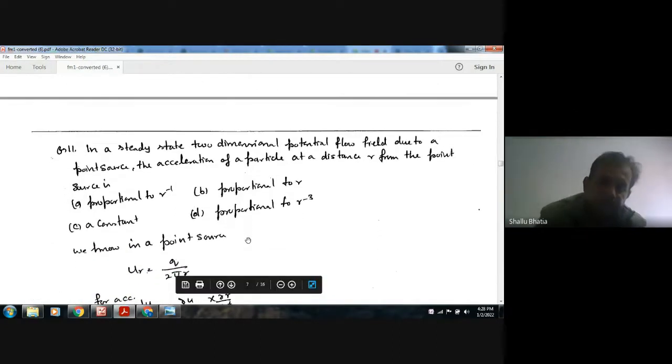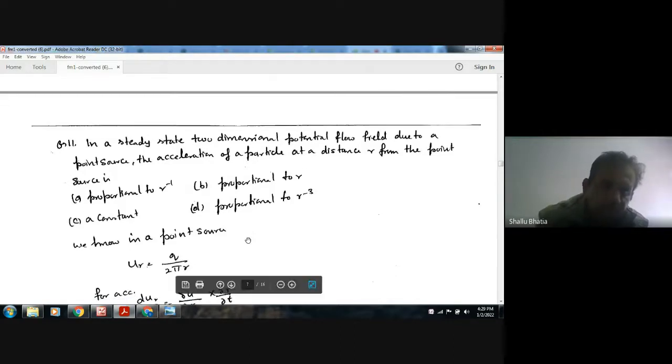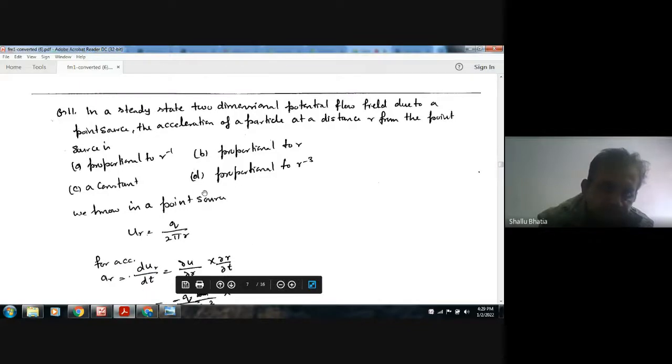Next, in a steady, straight two-dimensional potential flow field due to a point source, the acceleration of a particle at a distance r from the point source is proportional to: a) r to the power minus 1, b) proportional to r, c) a constant, d) proportional to r to the power minus 3. Now, for the source the velocity is u r equals q by 2 pi r.